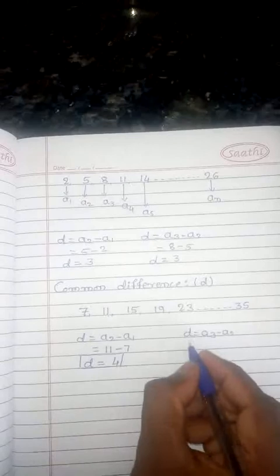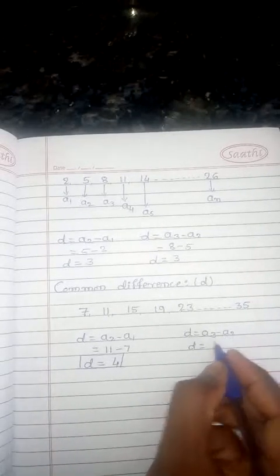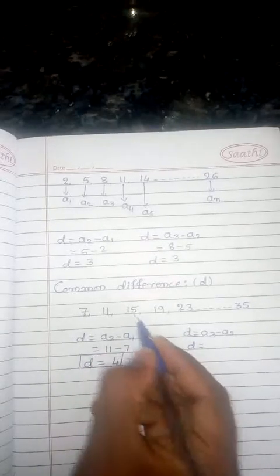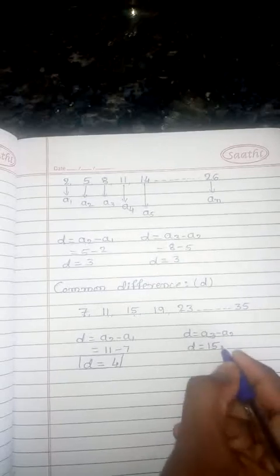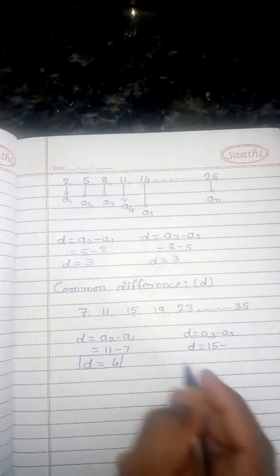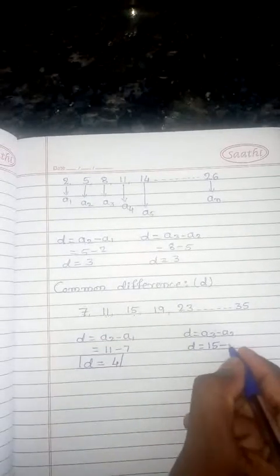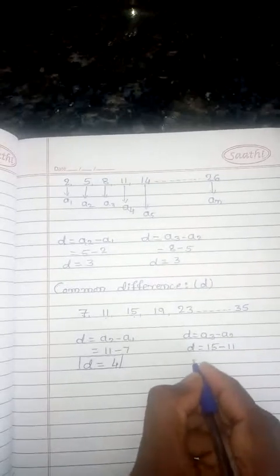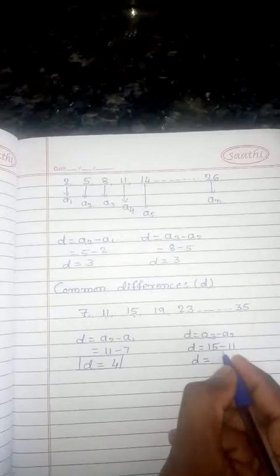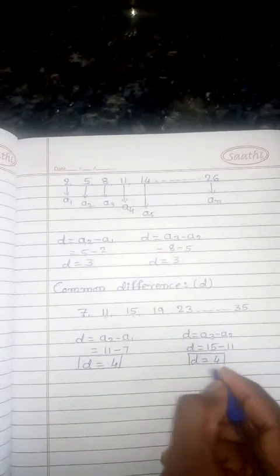Then next, d is equal to a3 minus a2. a3 is the third term. Which is the third term? 15 is the third term of the arithmetic progression, minus a2, the second term, that is 11. 15 minus 11 is 4. Here also the value of d is 4.